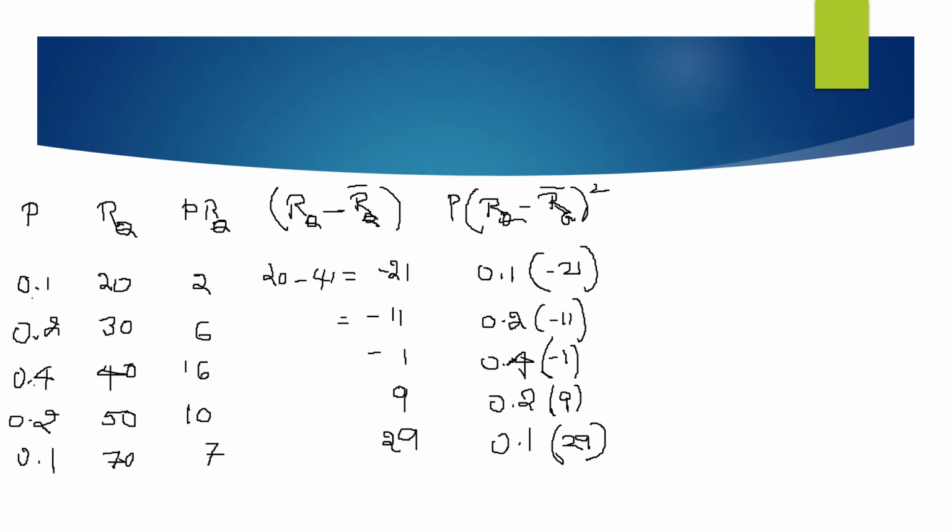Next, similarly for stock Q you have to do the same way. The probability is given, and the returns from Q, whatever values are given in the problem, you have to take.